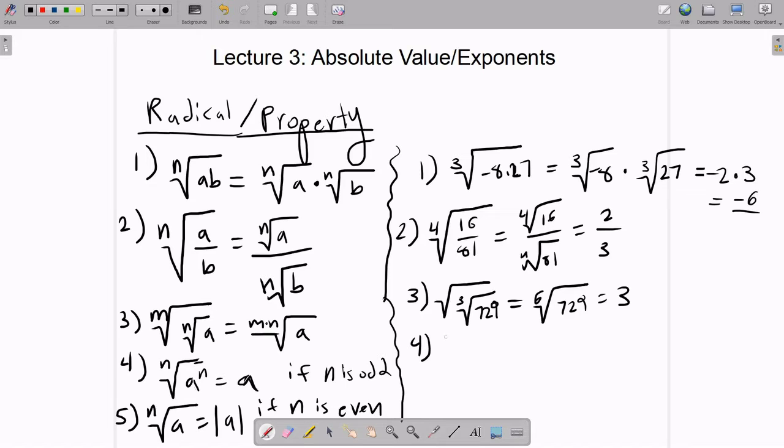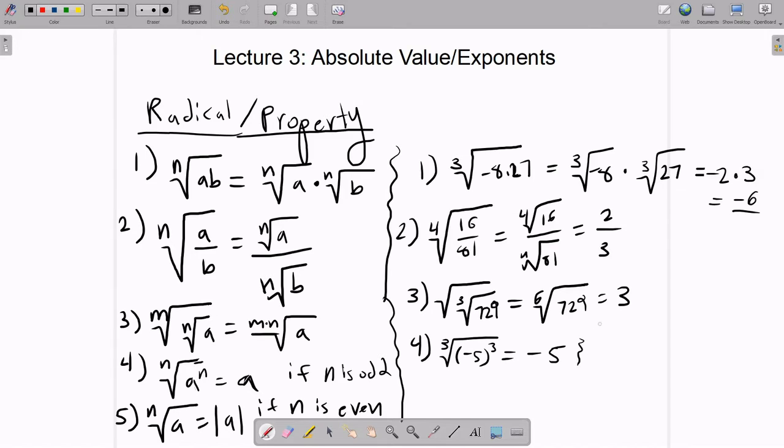Here we go. So let's take the cube root of negative 5 to the third power, and it's equal to negative 5. Because you're taking the third power and you're undoing the third power with the cube root, and you're just getting back negative 5.